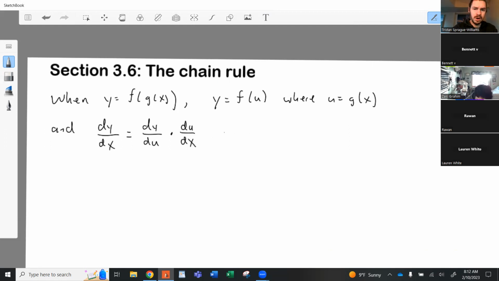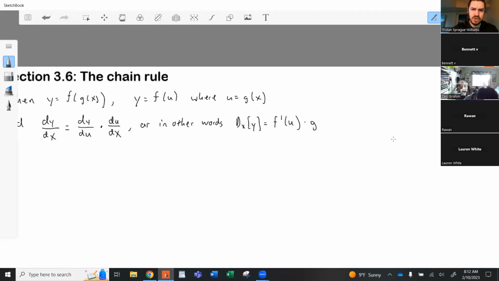Or in other words, the derivative with respect to x of y is going to be f prime of u, derivative of f with respect to u, times g prime of x.